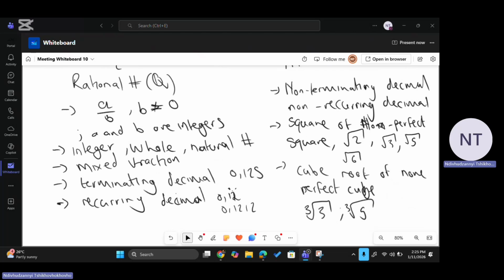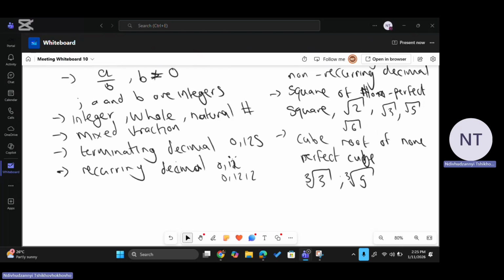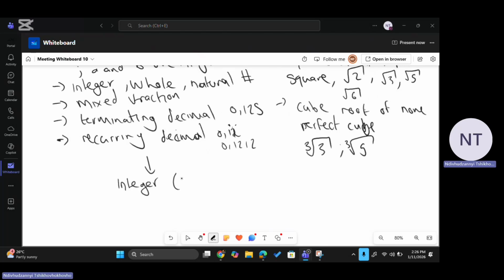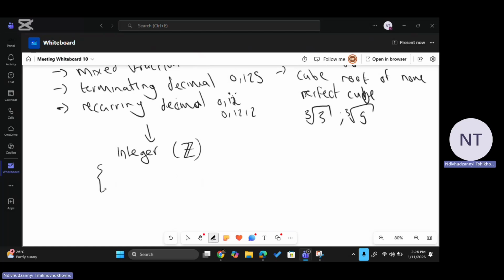Then let's go deeper into rational numbers, because you see there are things like integers, whole numbers, natural numbers and all that. Let's go deeper and define the rest. Under here, we have an integer. An integer is identified by Z. I'm not the best with writing these signs, but yeah. It's numbers from negative infinity to positive infinity: -4, -3, -2, -1, 0, 1, 2, on and on.